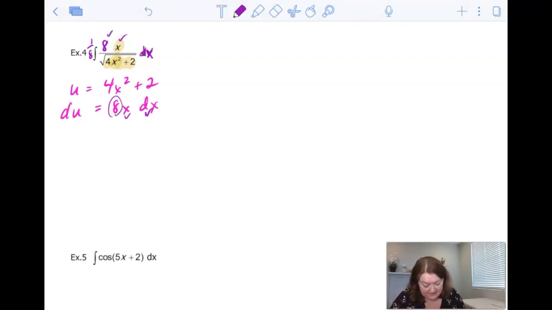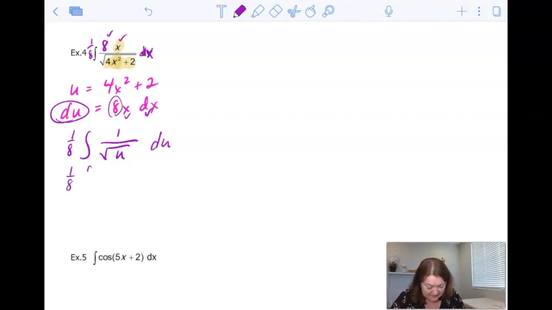Okay, so integrating it, this 1/8 has to come along, but I'm going to start out with, under here, square root of u, and then the 8, the x, and the dx become du. So I just need a placeholder number on the top. That's doable. I have to rewrite it first, but I can definitely do it.